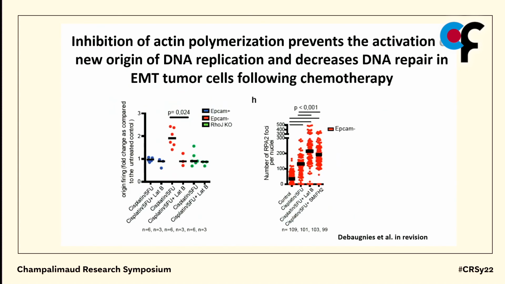And finally, we could show that this increase of resistance to chemotherapy was due to the recruitment of new origins of replication in an actin-dependent manner, and that is accompanied by a decrease in DNA repair.